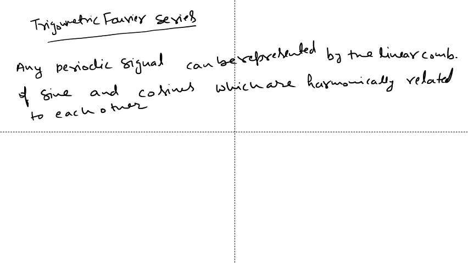Harmonically related means, say they have a frequency, the one is having frequency omega naught, the other one is having twice of omega naught, the third one is having thrice of omega naught.